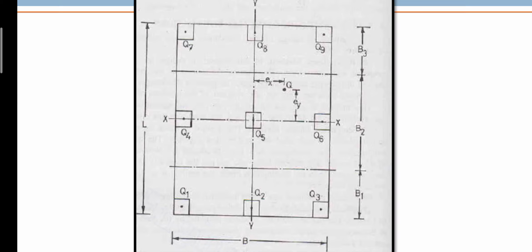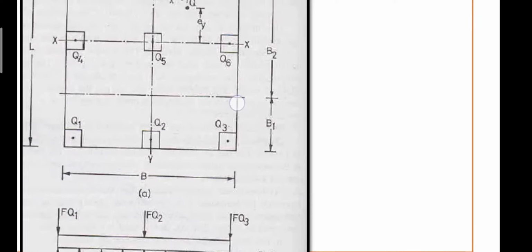As you see, the total load is not exactly acting at the center. The exactly at the center, na, எதில் act ஆகணும்? Q5 la actually the total load should act, but it will not act exactly at the center. Here there is an eccentricity observed from the center. The total resultant load acts away from the center.